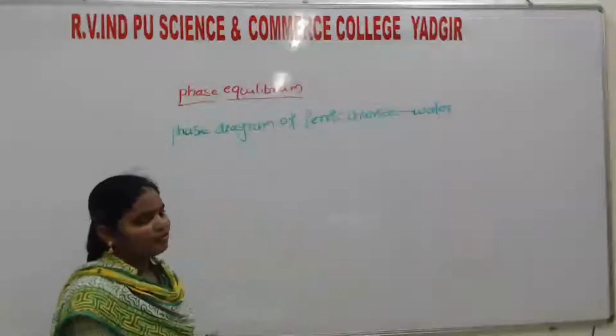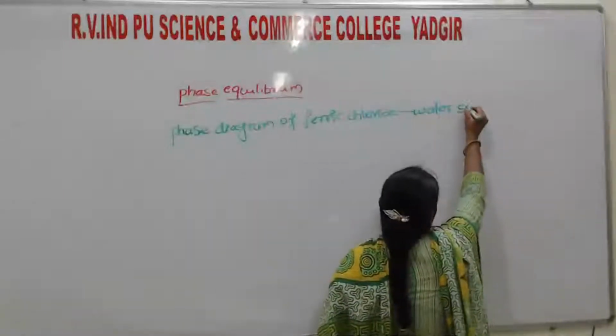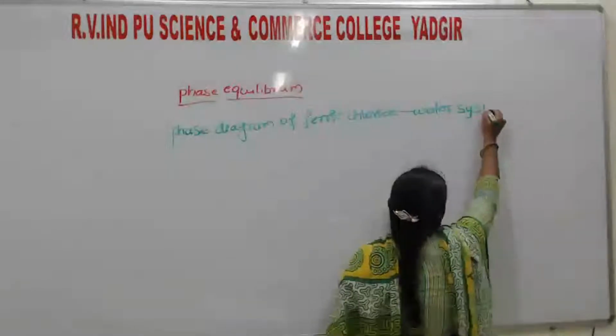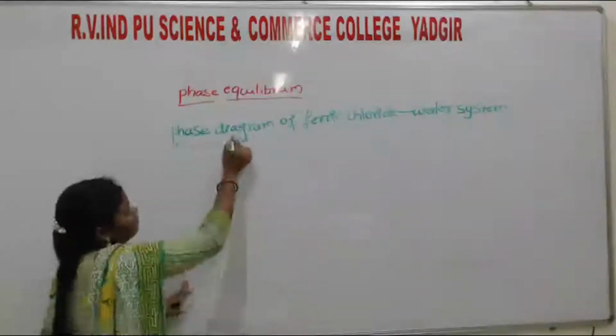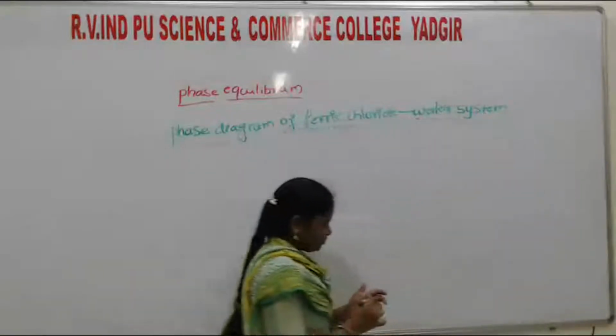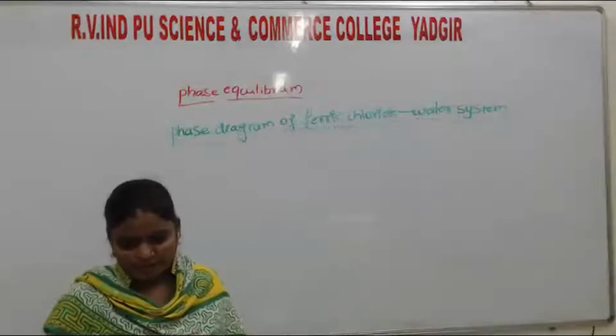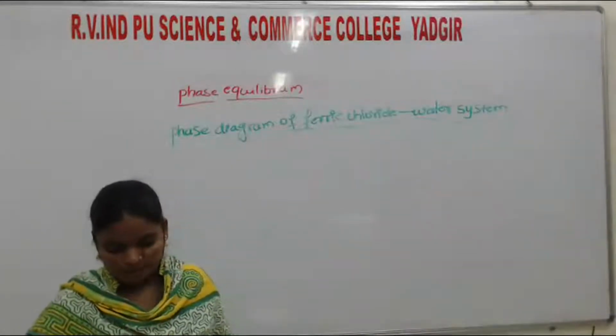Phase diagram of ferric chloride and water system. Can I draw the phase diagram of the ferric chloride and water system?